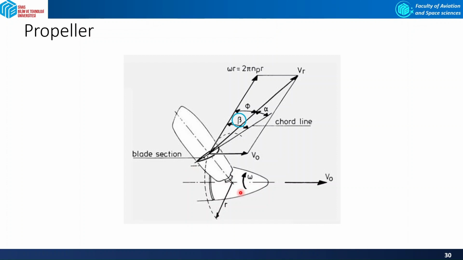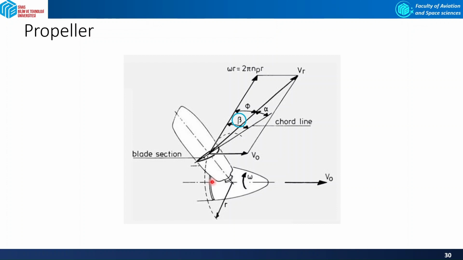So you already know what torque is, and this torque is exerted on the shaft of the propeller, which actually drives the propeller. So this torque needs to be overcome by the engine that is connected to the propeller.